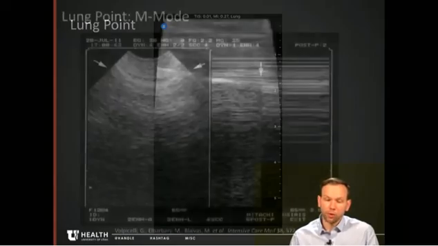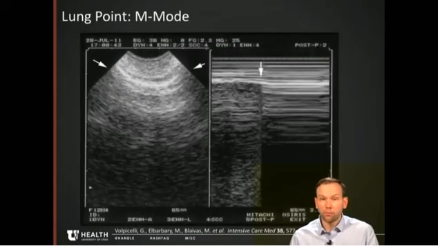You can also appreciate the lung point using M-mode. If you can imagine in that previous image, let's say we suspended our M-mode line in the middle of the screen, and our lung, our pleura is sliding in and out of that line. You can get the finding on the right side, on the right half of the image.